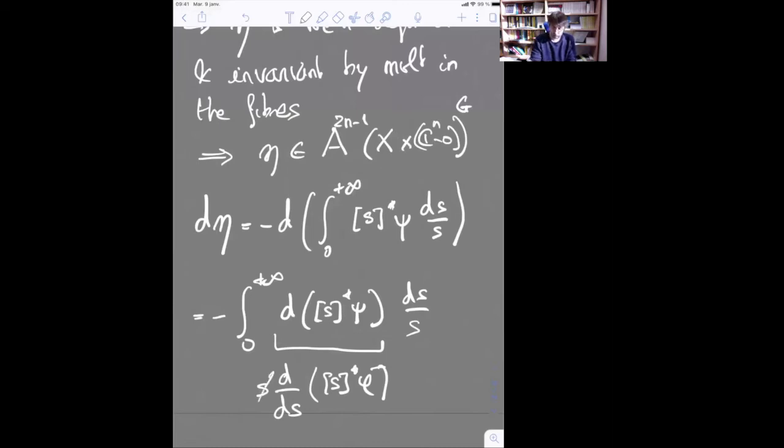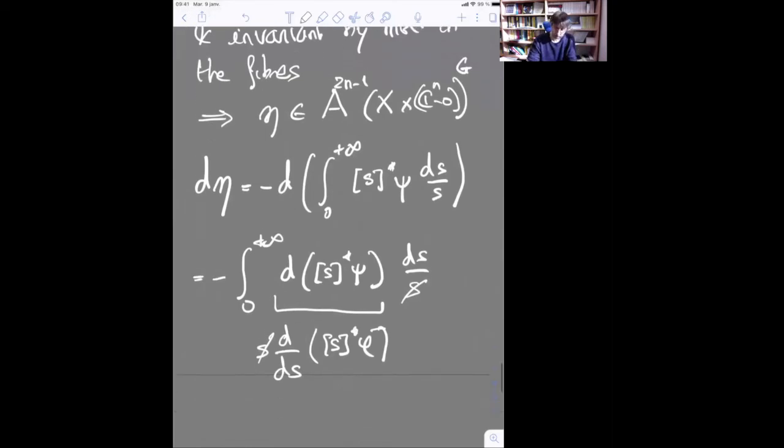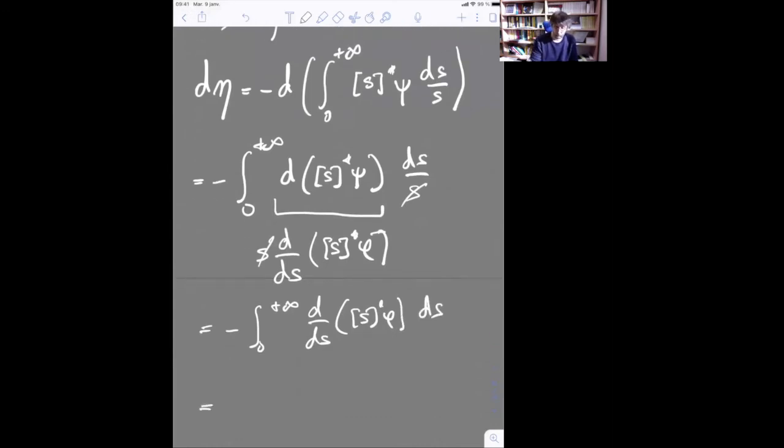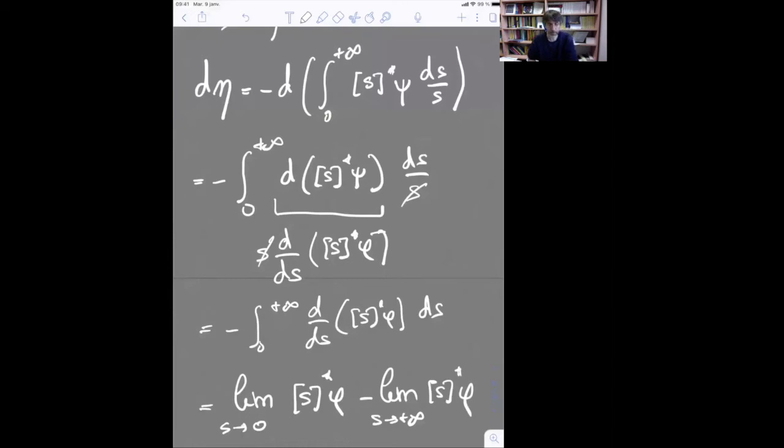So the s here compensate, and in the end you are just integrating from 0 to infinity d over ds of this, and so we know a primitive, and this gives the limit as s tends to 0 of s star of phi minus the limit as s tends to infinity of s star of phi.